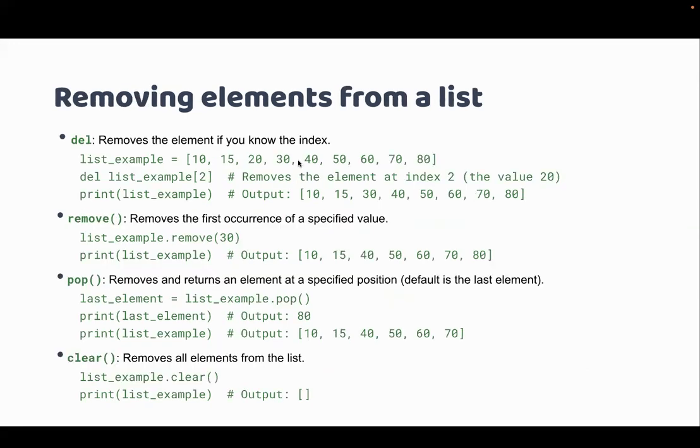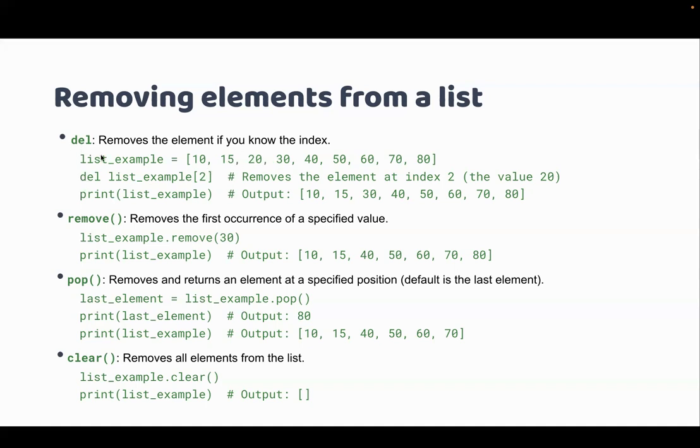Okay, so these are the ways we remove elements from the list. First of all, this is actually not a method like the others. I think it's a statement to remove the element if you know the index. This is a block of code for the example. If we have the example list over here, and we want to delete the element at index 2, which is the value 20, because this is 0, we can just use this statement.